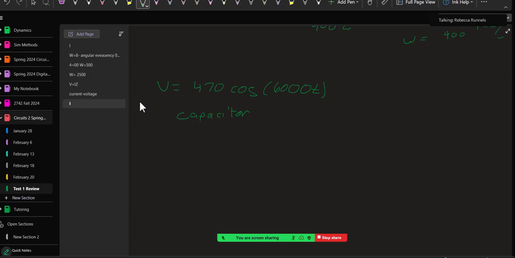For problem 2, what did we get for the impedance? 80 plus j14. Yes, we got Z equaled 80 plus j14 for the impedance. And we had a circuit that looked like, trying to remember what we had.